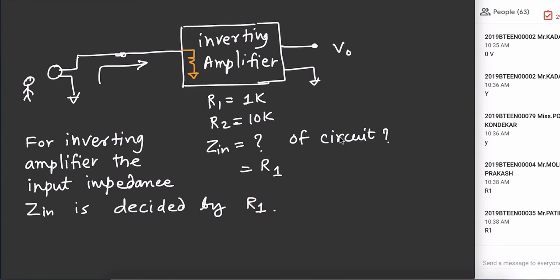Okay. For example, if this is 1 millivolt and the resistance is 1K, so the current will be 1 millivolt divided by 1K. It will be 1 microampere. This will be the current.